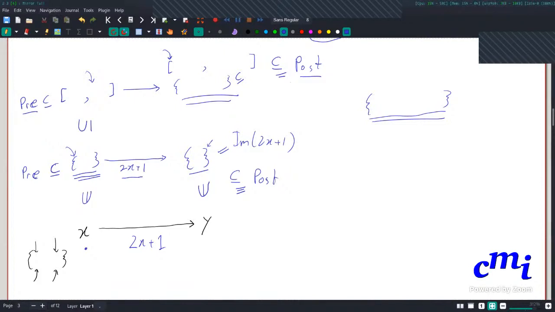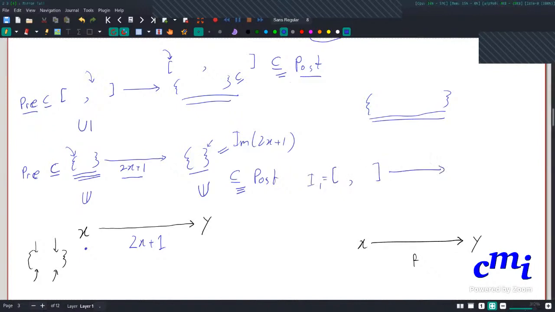So concretely, in this particular example, we have a concrete function or operation that takes X to Y under F. And instead of dealing with specific values of X and Y, we're saying that this X on this side is going to be contained in this interval. Let's call this I1.